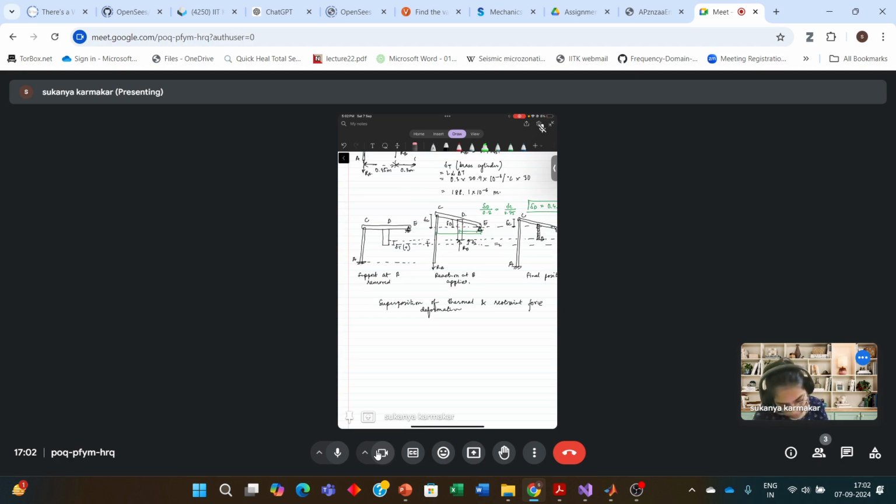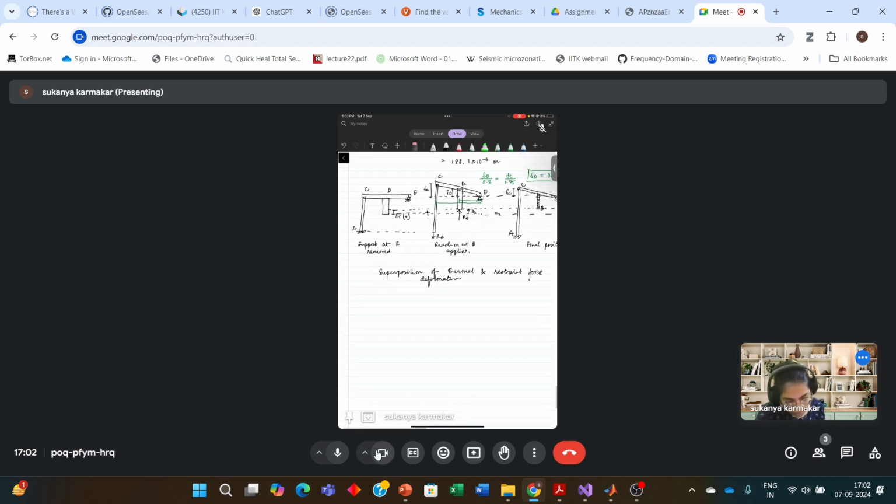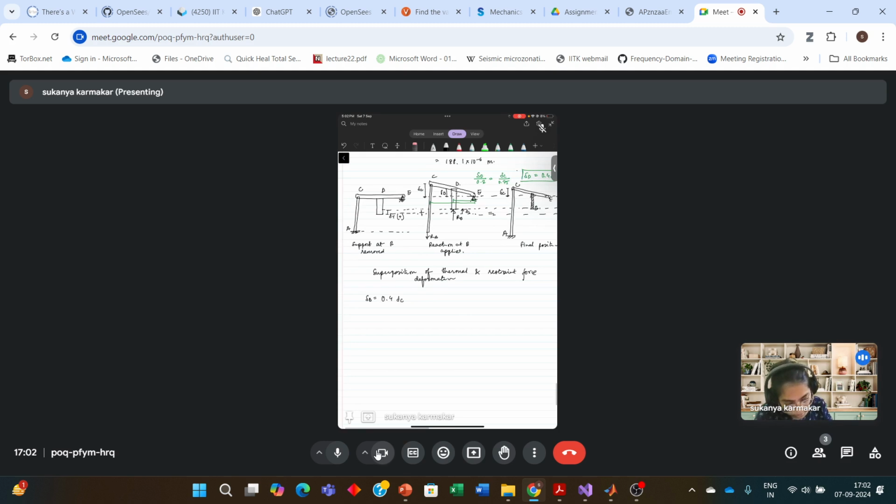So we develop the relationship like so. I'll write down all the relationships which we have developed. Delta D is 0.4 delta C. This we had developed here.